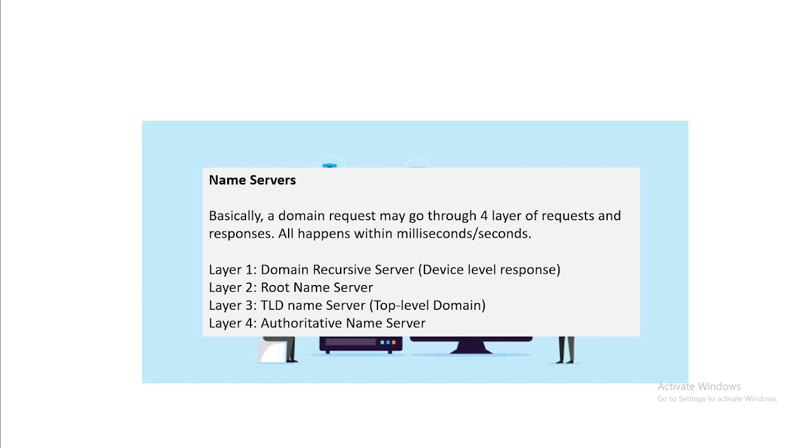Maybe try to access the website from your browser. So the fastest one is the one from the layer 1, that is the domain recursive server. So at this layer, the website has been cached in a temporary storage for fast retrieval.